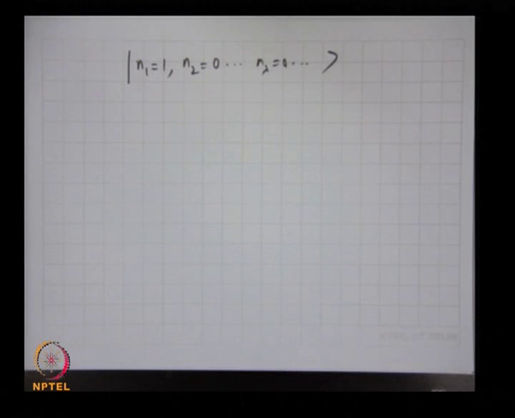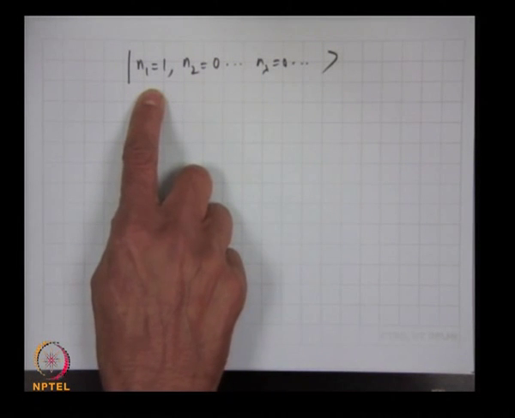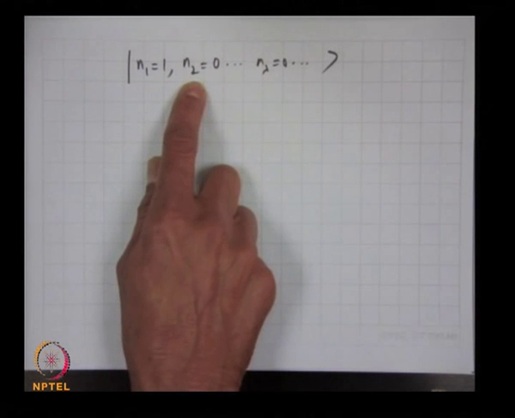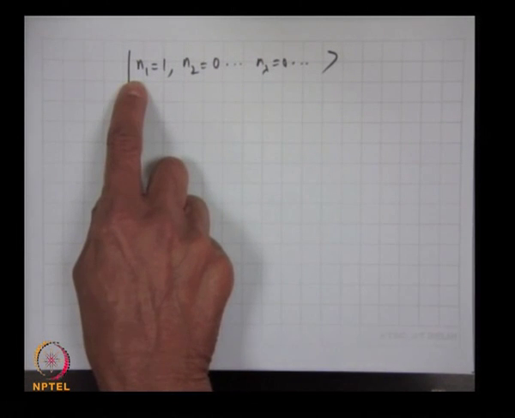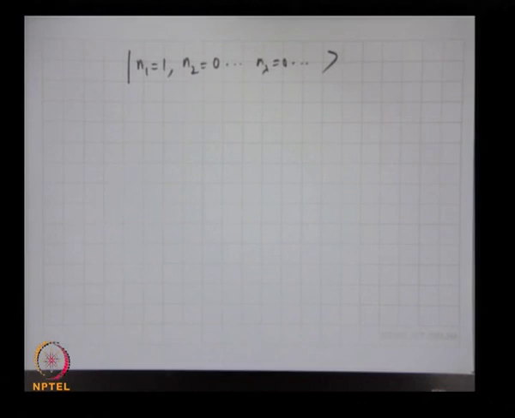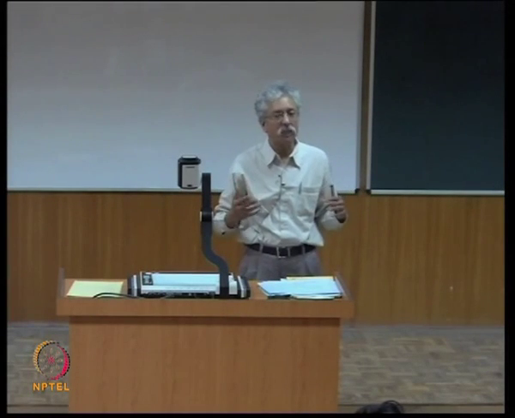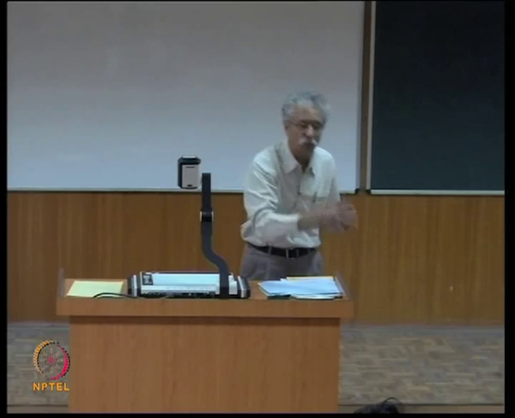This will be a state which has an energy of h cross omega 1 plus the infinite zero-point energy. So, in a sense, every state has infinite zero-point energy, always sitting there all the time. What you can do is go from one state to another by every time adding or subtracting h cross omega corresponding to that mode.